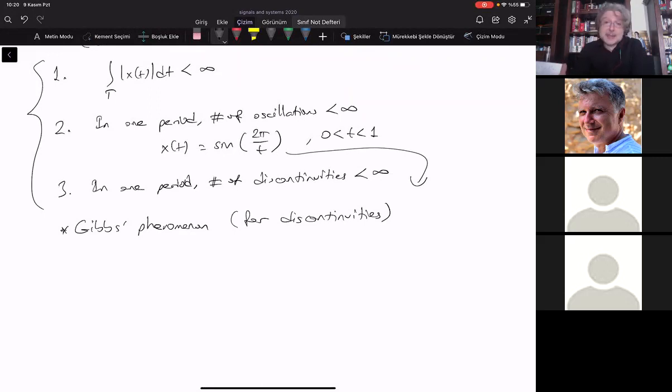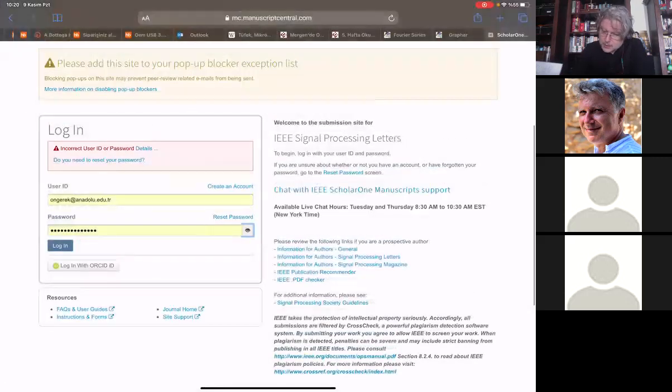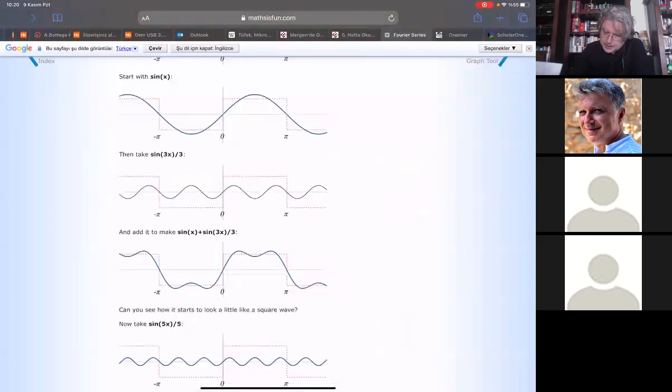What's that? What does that mean? It means the following. Let me open a browser here to show you something from a link called mathsisfun.com, which was a link that I provided you with in Mergen.